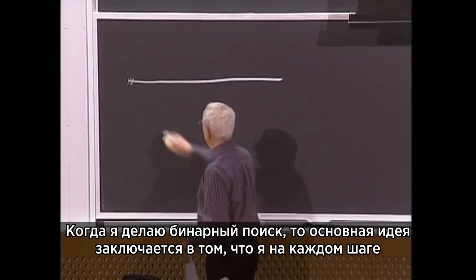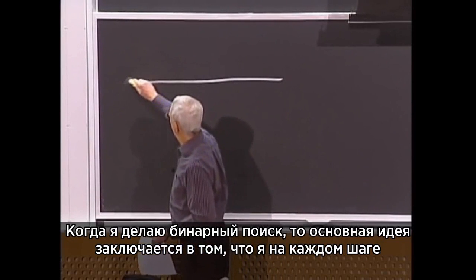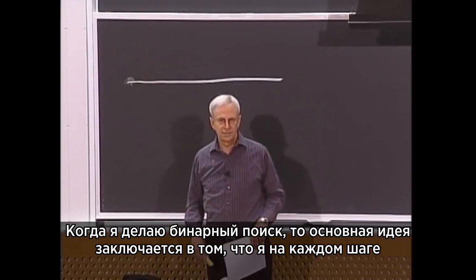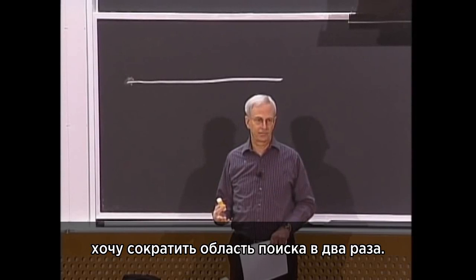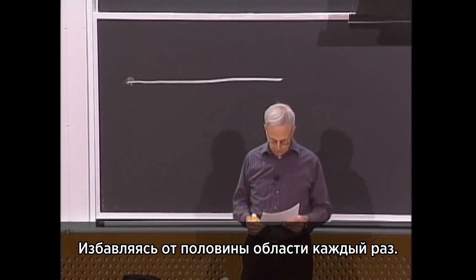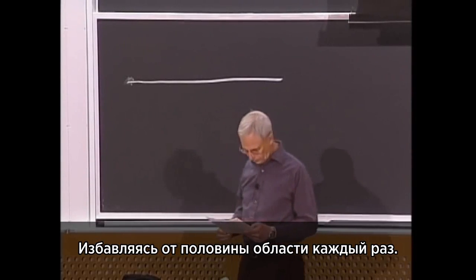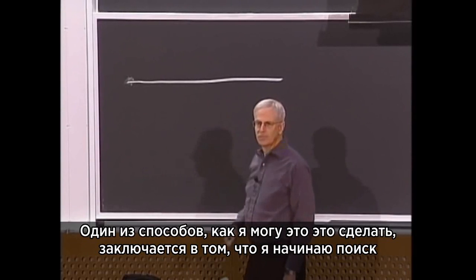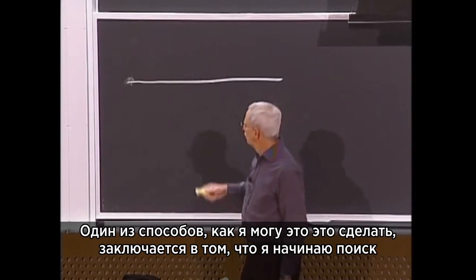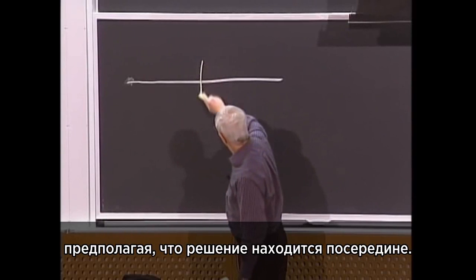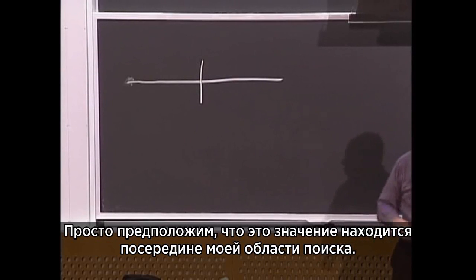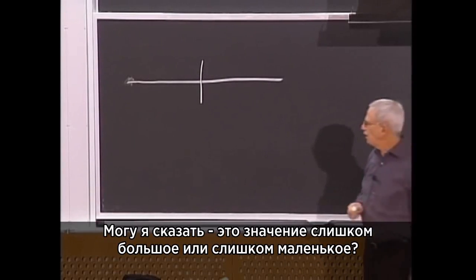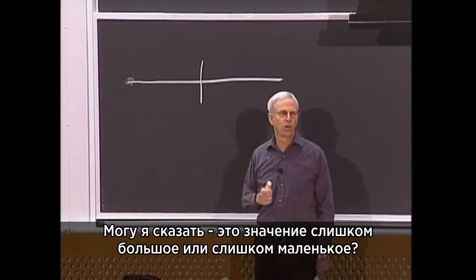When I do bisection search, the basic idea is each step I want to cut the search space in half. Get rid of half of the search space each time. So one way I could do it is I start with a guess, say in the middle. Just pick some guess that's in the middle of my search space. And now I say, is it too high or too low?